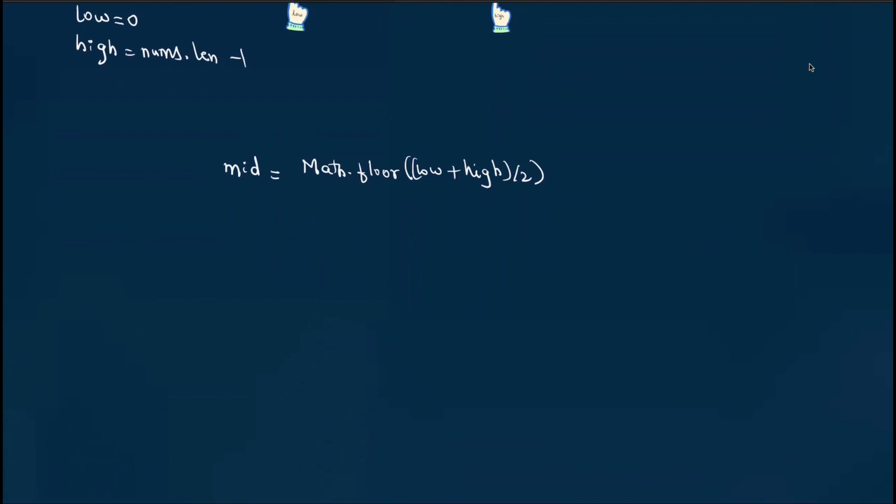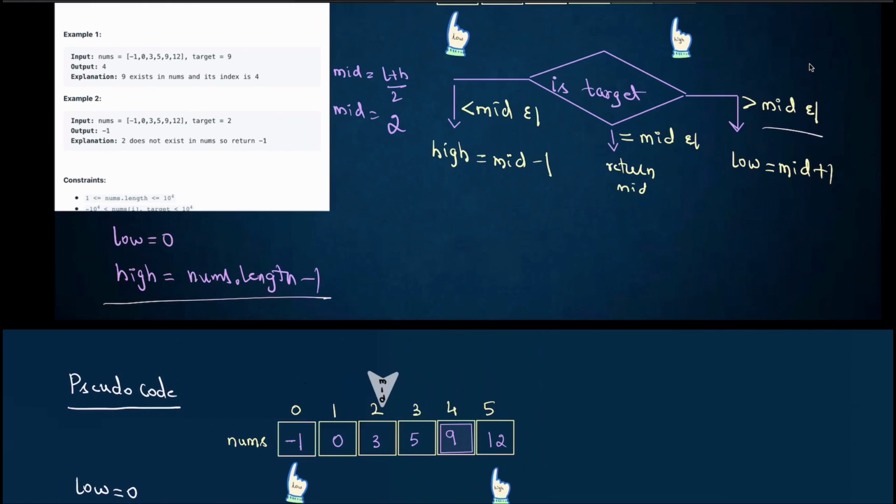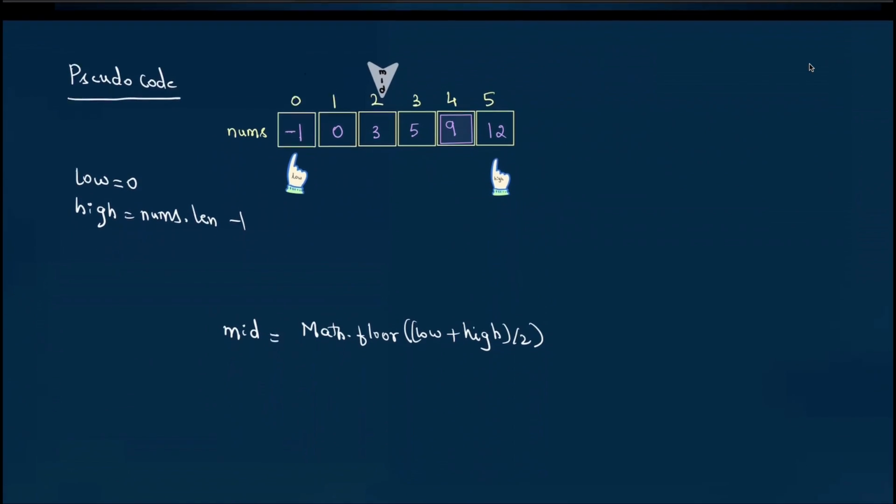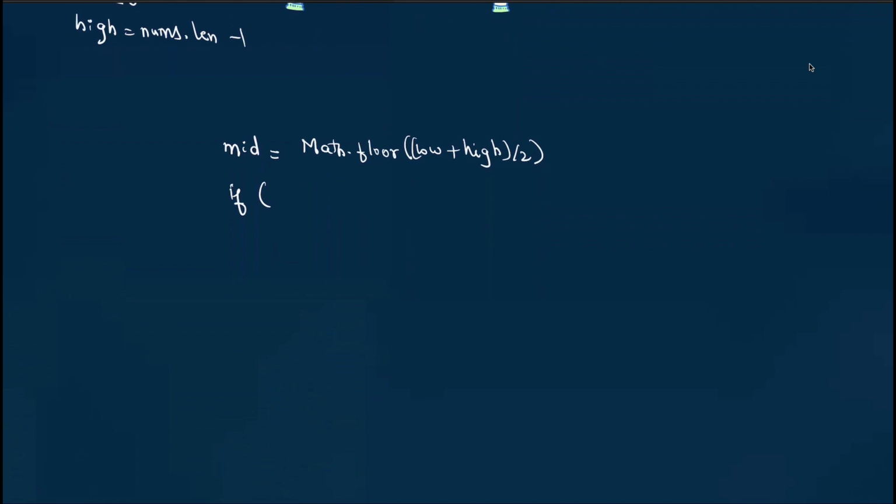Once we find the mid, we check these three conditions. Is mid equal to target? Is target less than mid? Or is target greater than mid? So let's do that. We are not checking for the mid index, but we are checking for the mid element. So that would be nums of mid. If that is equal to target, then we return the mid index.